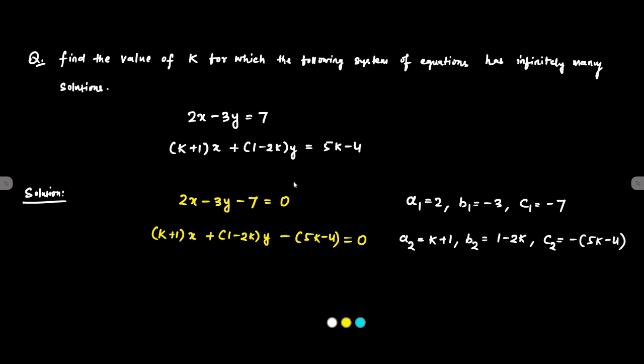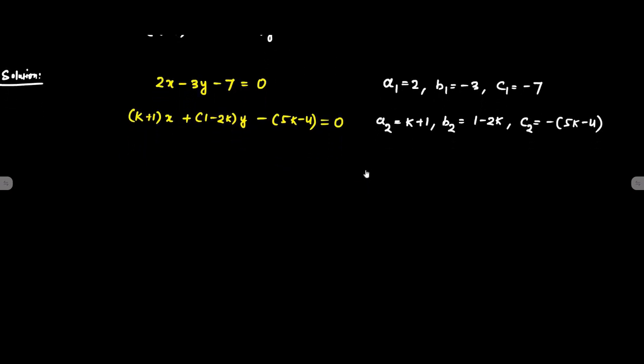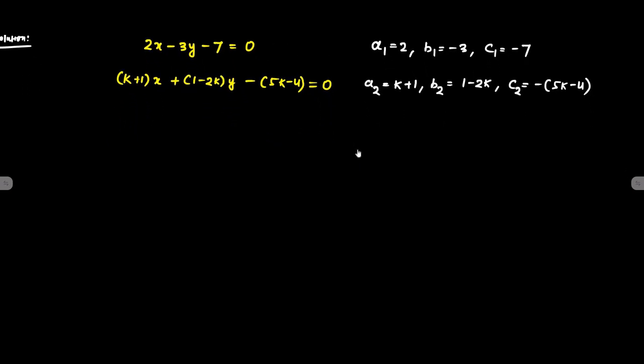Now we have to find the value of k for which the system of equations has infinitely many solutions. So when does that happen? What is the condition for that? Again, these questions are on conditions for solvability. For infinitely many solutions, the condition is a1 by a2 is equal to b1 by b2 is equal to c1 by c2.